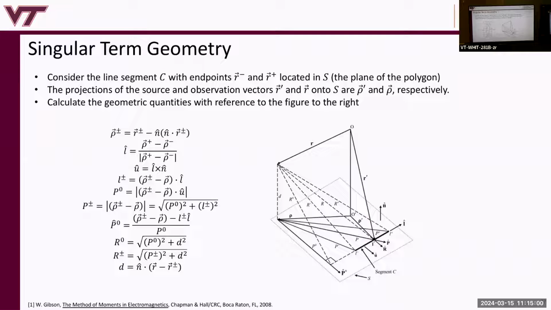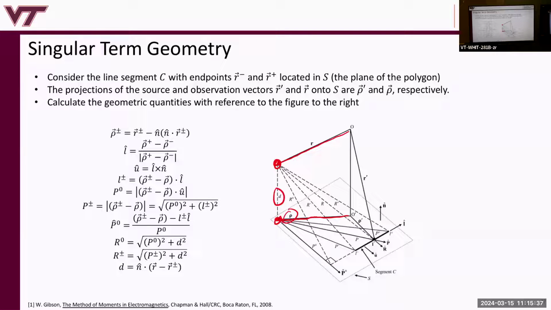Then we have the projection of the origin onto the plane S, which contains the triangle. Call that O prime, all right? So project the origin down to the plane of the triangle, and the same with the position vector R, which now becomes rho. R projected in the plane of the triangle becomes rho, and there's a distance d, which is the height of the observation point off of the plane of the triangle, right?